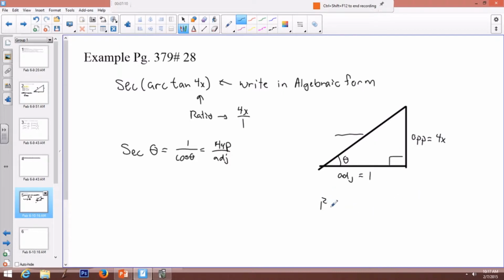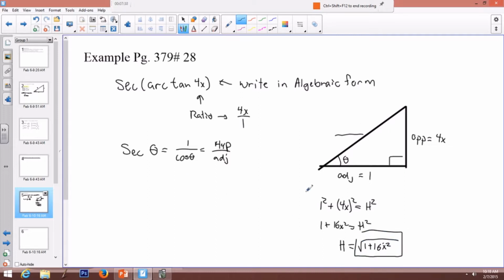I can say that 1 squared plus (4x) squared is equal to the hypotenuse squared. So I get 1 plus 16x squared is equal to h squared, and then I can say that h is equal to the square root of 1 plus 16x squared. And so that is my hypotenuse.